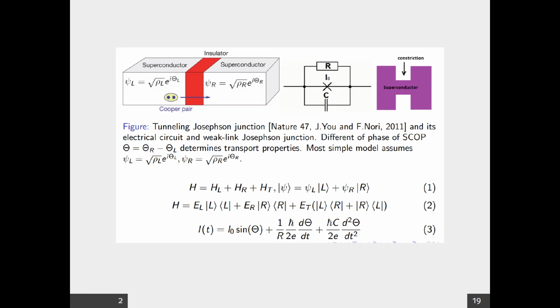Then there is this Hamiltonian for the left and right quantum systems and for the tunneling term. We have E_L, E_R, and the tunneling term in equation number 2. Based on the Hamiltonian from equation 2, we can arrive at equation number 3. This is a nonlinear pendulum equation.